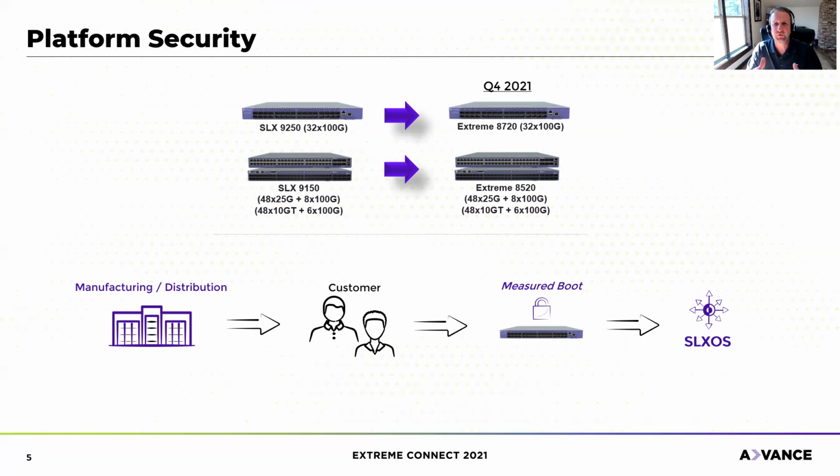So there are a lot of different areas that we're adding into this entire process to ensure that when you have a switch and it boots up and becomes part of your network, you can be assured that nothing has been tampered with from the point of manufacture to the point of installation within your network. These are some areas where we'll continue to enhance security. A lot of times when we talk about security, we think about network access control and ACLs.